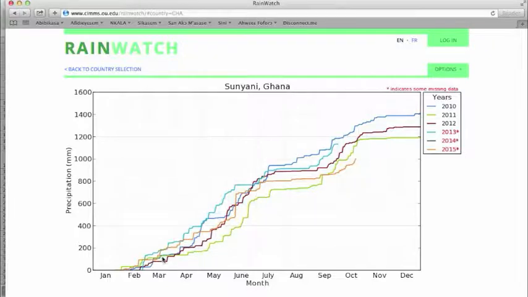And you see rainfall starts to pick up here, and then it jumps up. The total rainfall jumps up around the end of May or June. We've hit the rainy season. All right, so total rainfall jumps up, then it starts to kind of steady out for a few months.